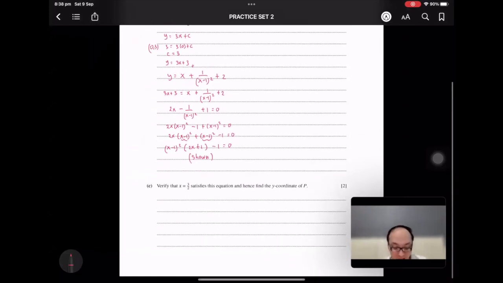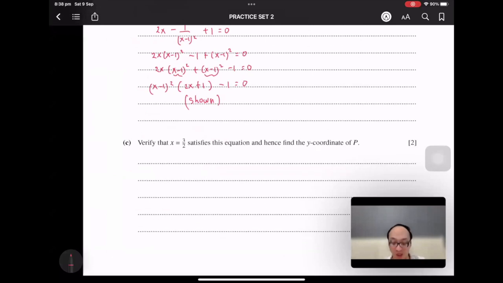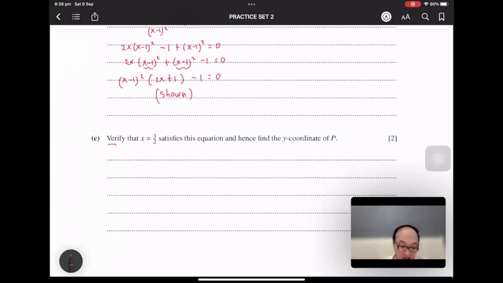And then verify that x = 3/2 satisfies this equation, and hence find the y coordinate of P. So to verify, we can substitute x = 3/2. So (3/2 - 1)^2 (2 times 3/2 + 1) - 1.